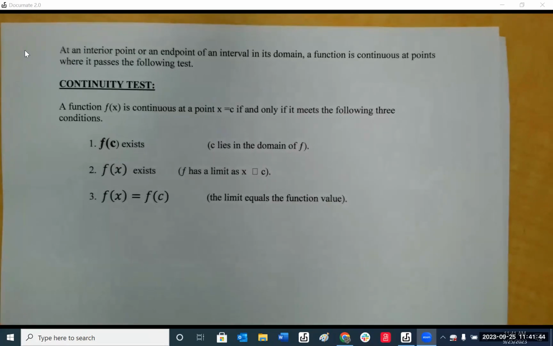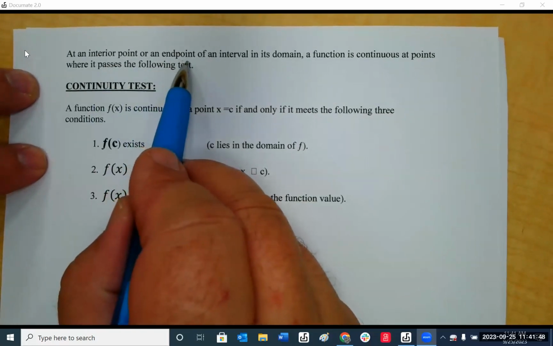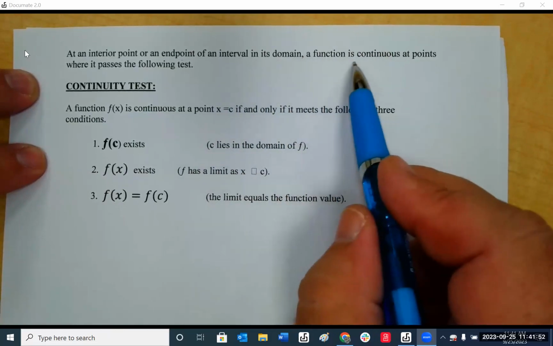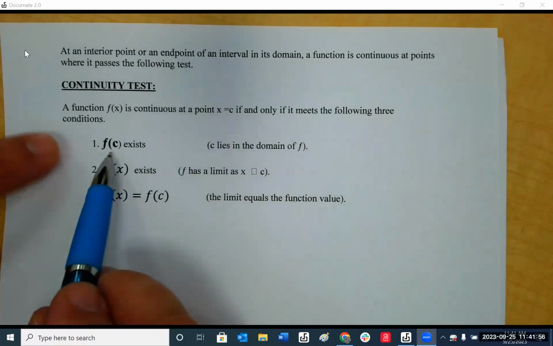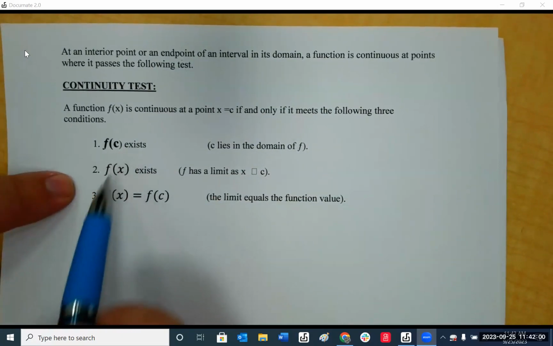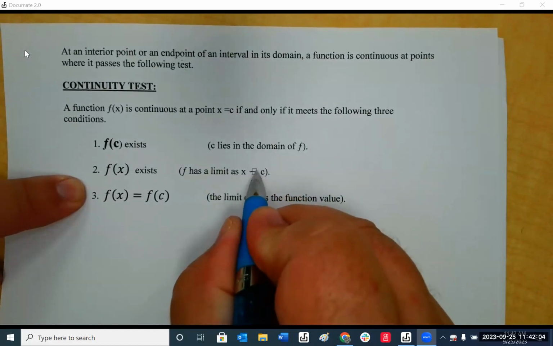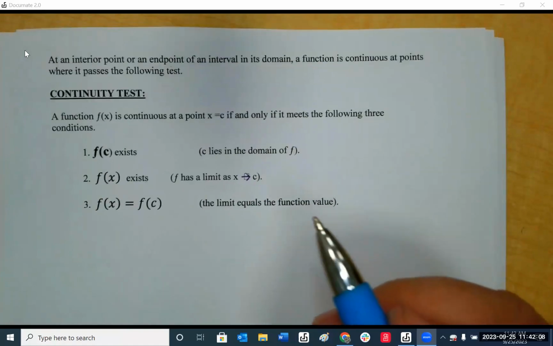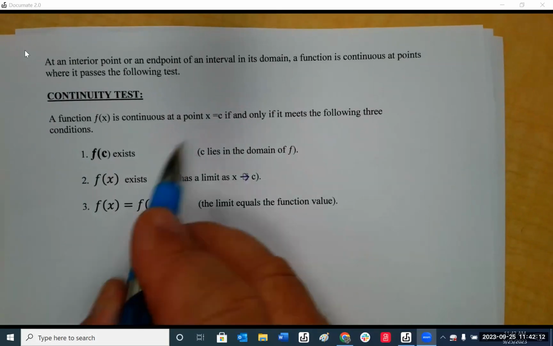At an interior point or an endpoint of an interval in its domain, a function is continuous at points where it passes the following test. f of c has to exist. The limit of f of x has to exist as x approaches c. And then they have to be the same.